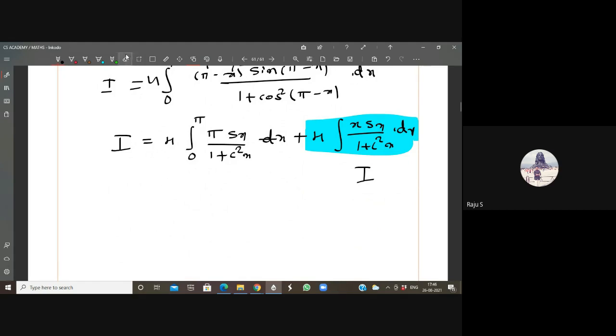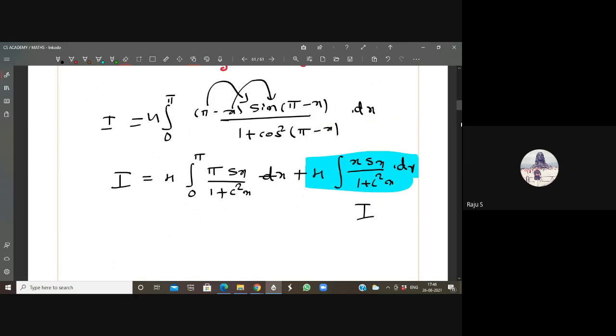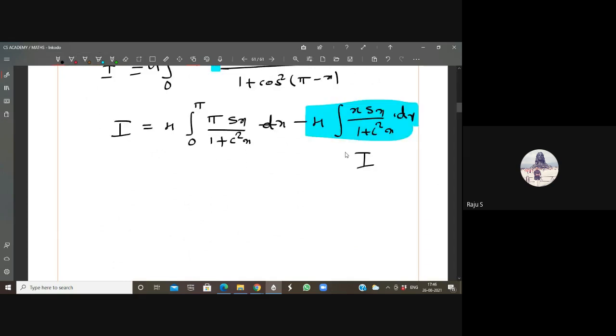Is that right? But we have made one mistake. What is that mistake? Is it plus or minus? Minus is there, but I have taken plus. That is the only mistake. This minus I you can take to the left side: 2I is equal to 4 times, you can take pi outside, the integral from 0 to pi of sin x by 1 plus cos square x dx.